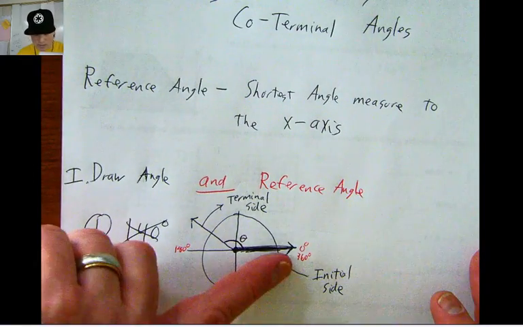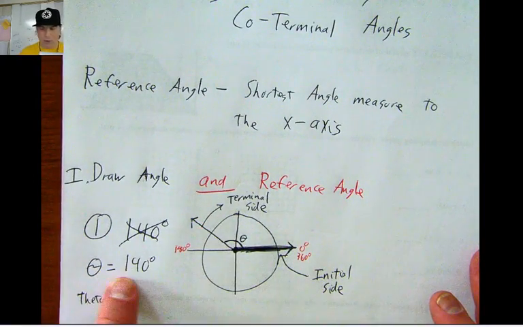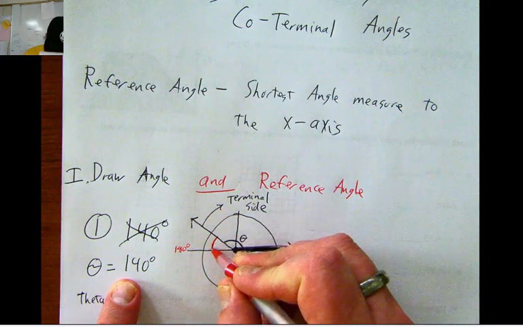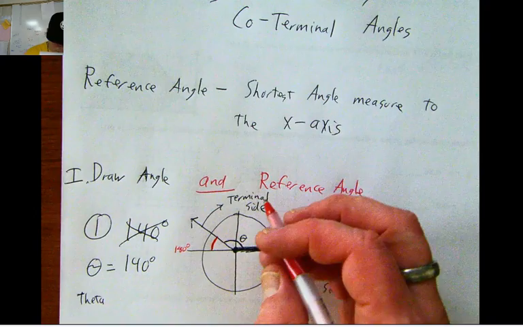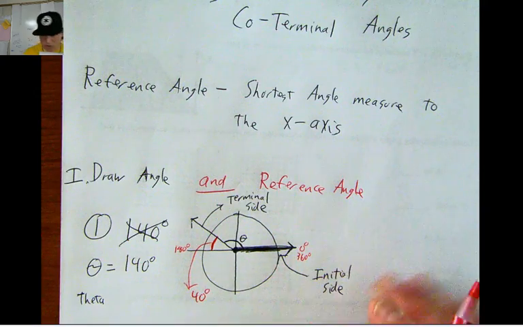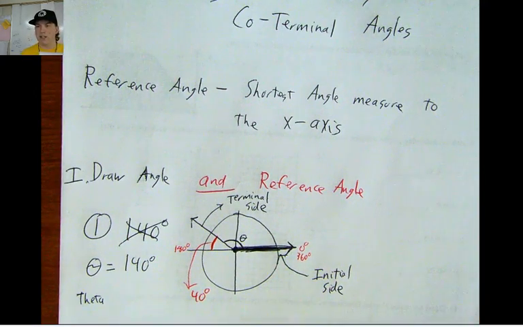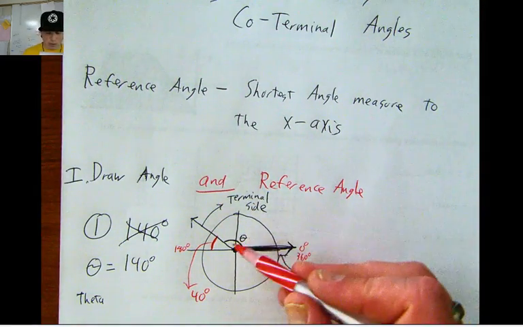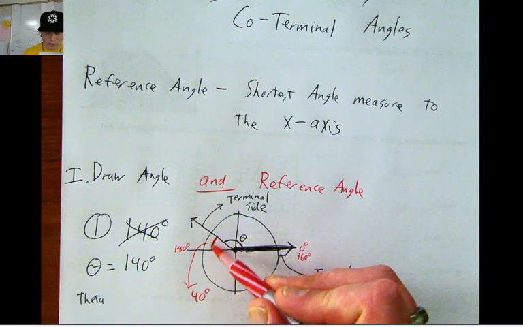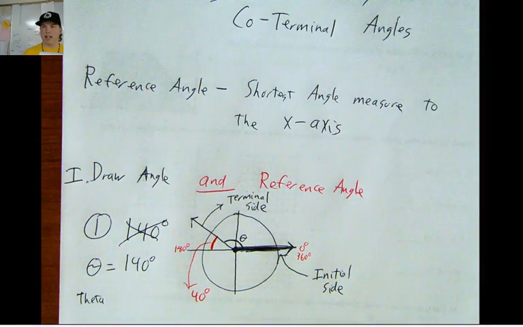And so far to get to here, we traveled 140 degrees, which means we would have another 40 degrees to travel to the x-axis. So you have the original angle, 140 degrees, then the reference angle, because you don't have to travel 40 degrees back to the x-axis, or forward to the x-axis.